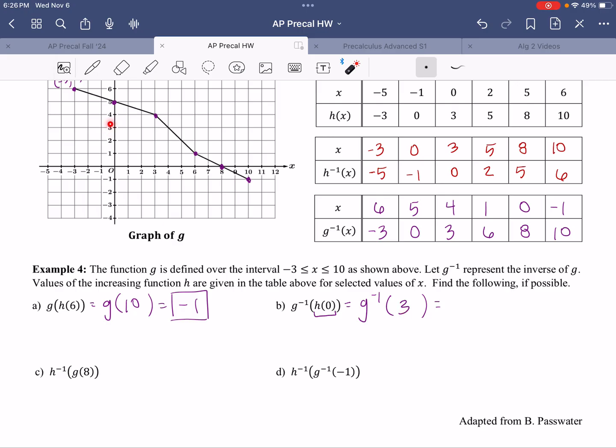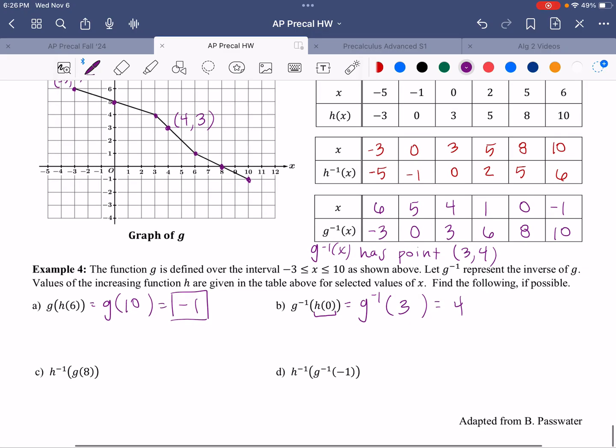It would be the y value of g. When is that 3? So I see it had the ordered pair 4, 3. So that must mean that the inverse has the point 3, 4. It also has the point 4, 3, which is kind of interesting, but not the point we're looking for. So I'm going to get 4 here.